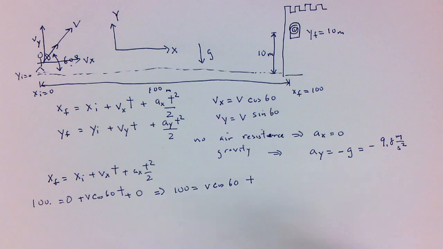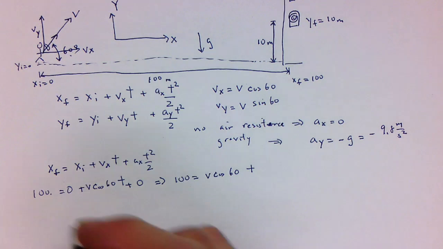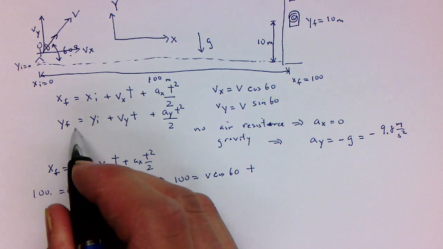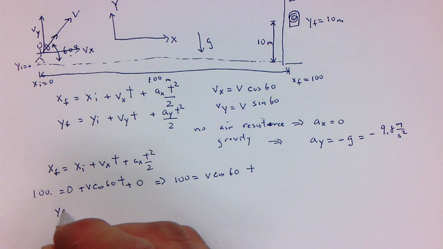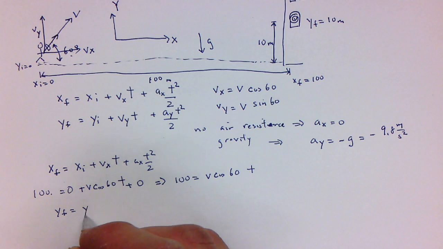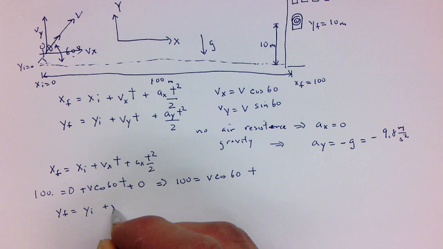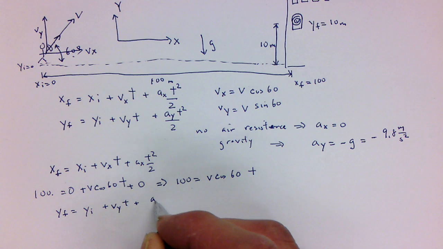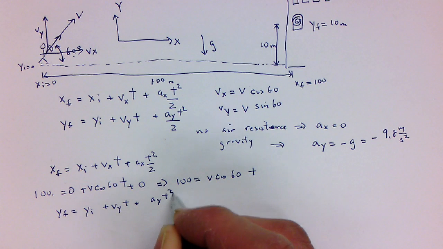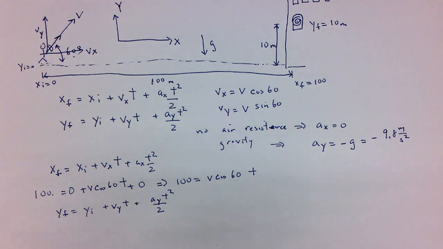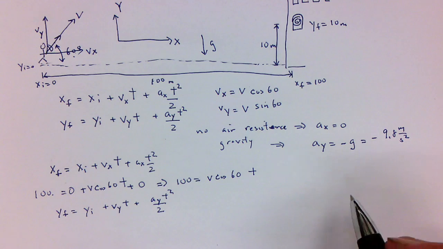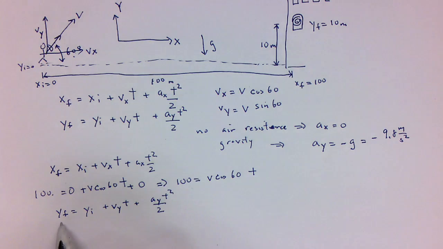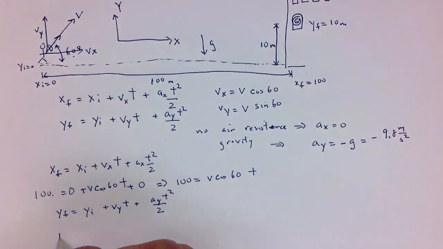Okay, beautiful. Let's write down the second equation. Let's copy it down again. So y final is equal to y initial plus vy t plus ay t squared over 2. Let's put in all the information now. Let's start with y final, that's 10.